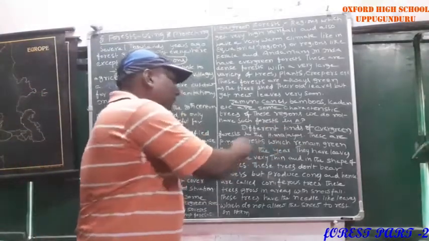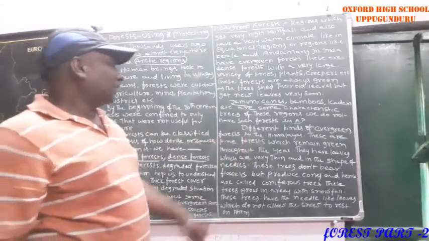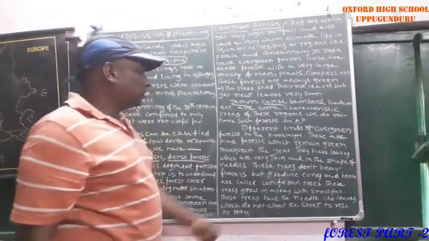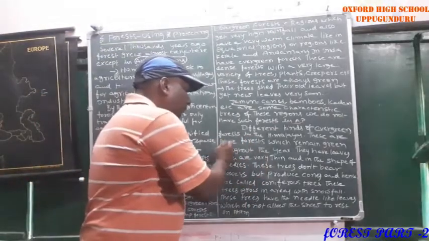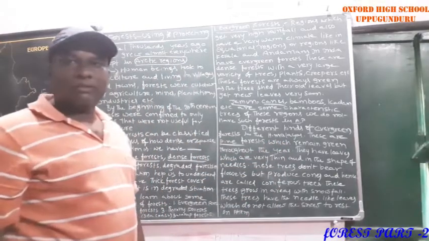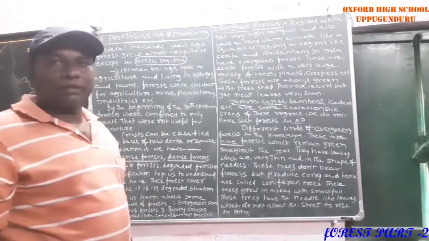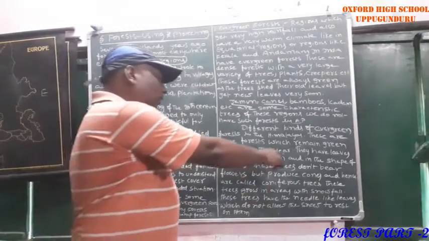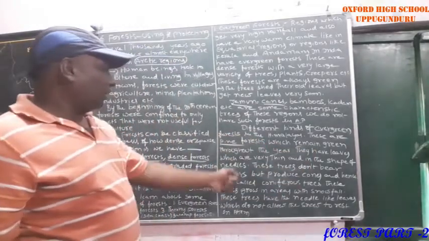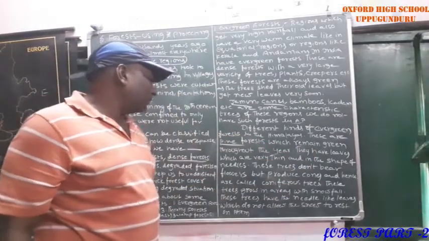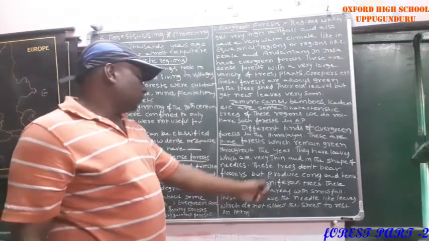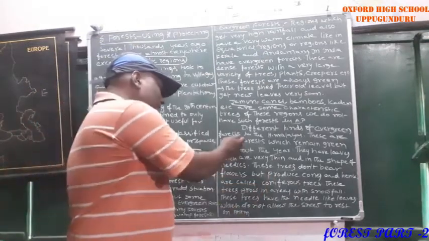Different kinds of evergreen forests in the Himalayas. These are pine trees which remain green throughout the year. They have leaves which are very thin and in the shape of needles. These trees don't bear flowers. Which trees? Pine trees.